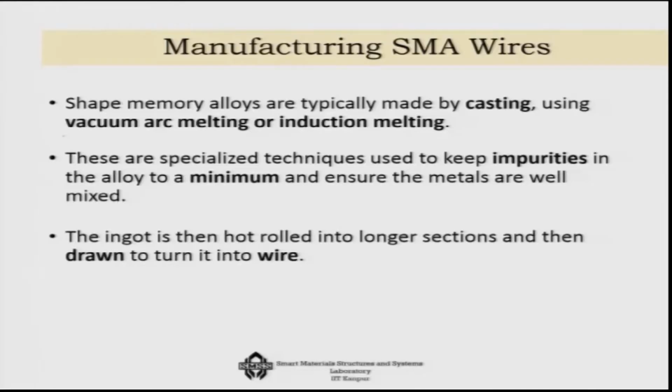Generally we use vacuum arc melting or induction melting, and we do this in vacuum so that we can reduce impurities and oxides to a minimum. At very high temperature in vacuum, we melt nickel and titanium, mix them together, and then we get the ingot, which we later draw into mostly wire forms.